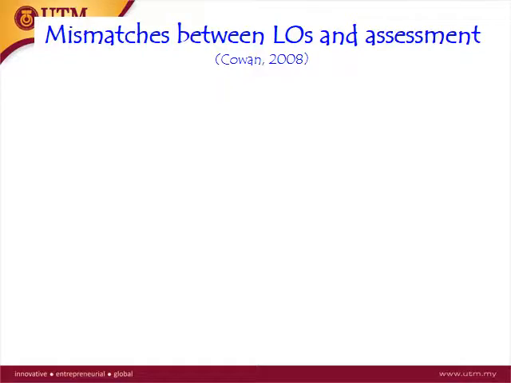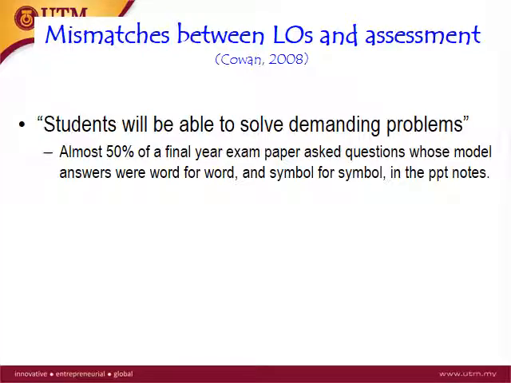For example, in this particular outcome that says students will be able to solve demanding problems, what Cohen found is that almost 50% of the questions in the final exam paper were just asking for answers word for word and symbol for symbol as in the lecture PowerPoint notes.